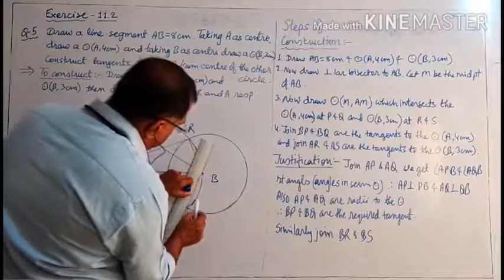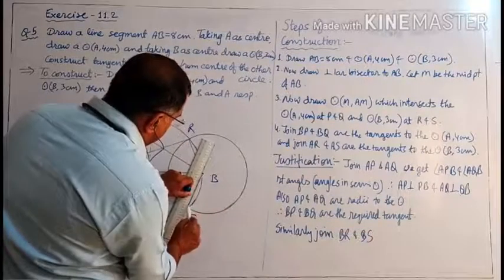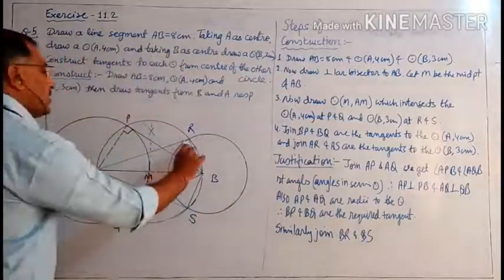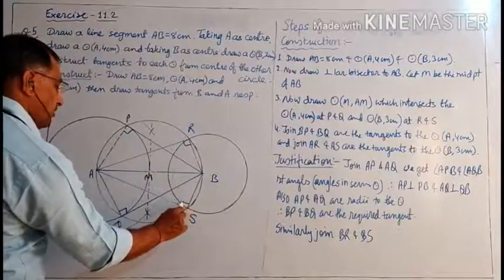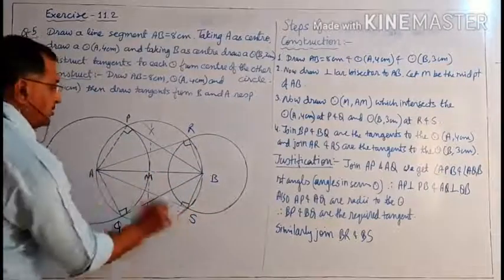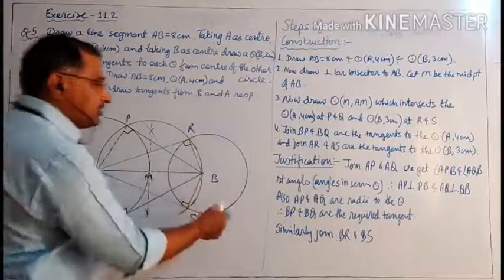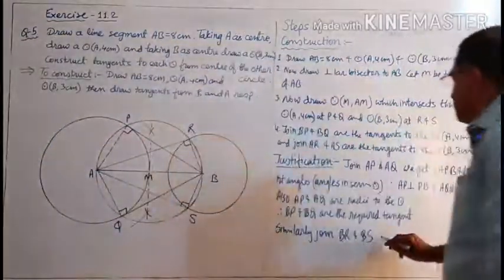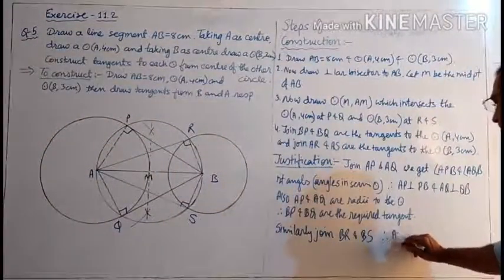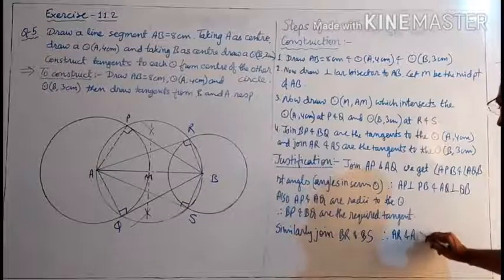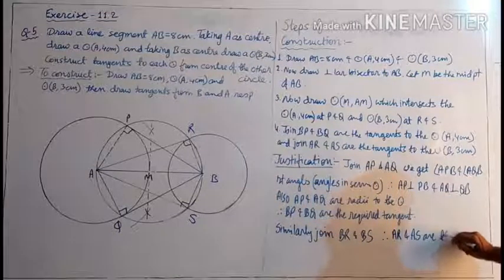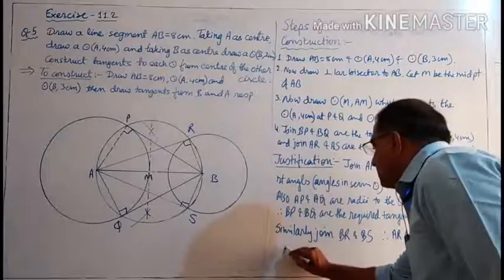So here we get right angles, and therefore from point A, AS and AR are the tangents to this circle. Similarly, join this, and therefore AR and AS are the required tangents.